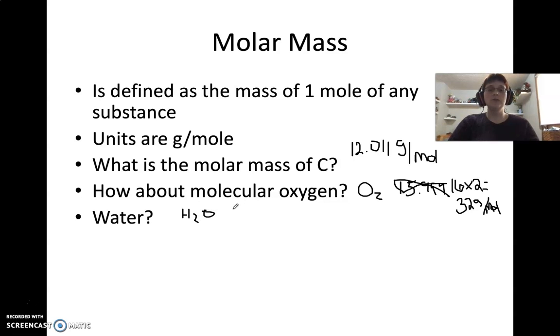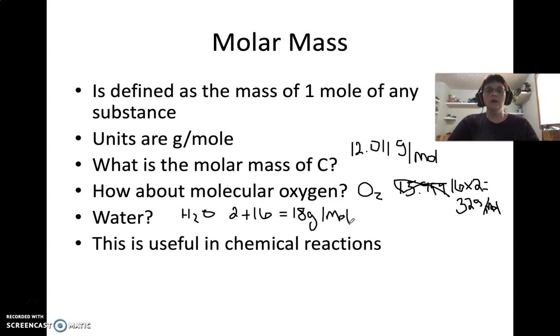We know hydrogen is 2 because we've got 2 hydrogens, and it is 1 gram per mole because its atomic weight is 1. We're going to add that to the 16 that we just looked up for oxygen. So the molar mass for water is going to be 18 grams per mole.